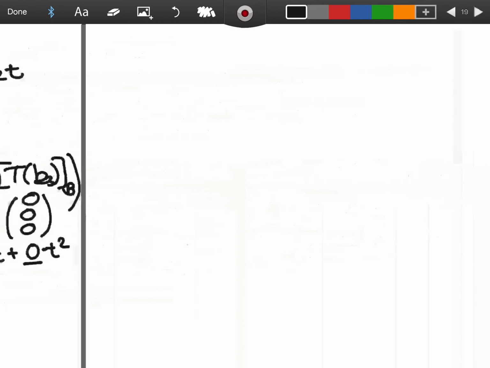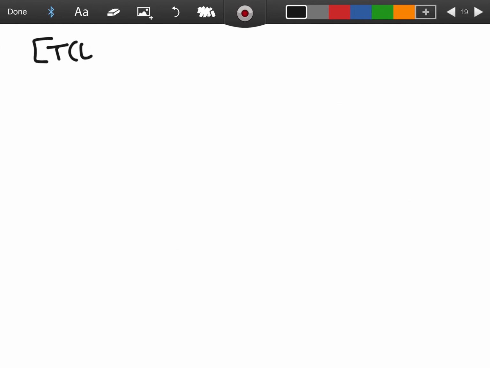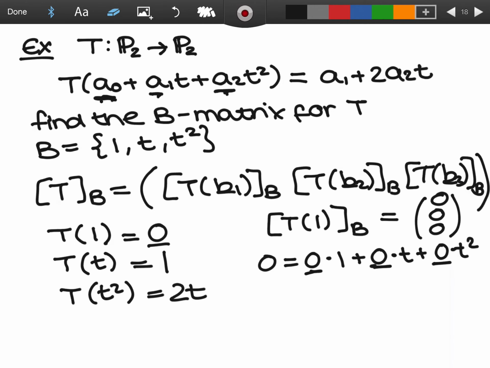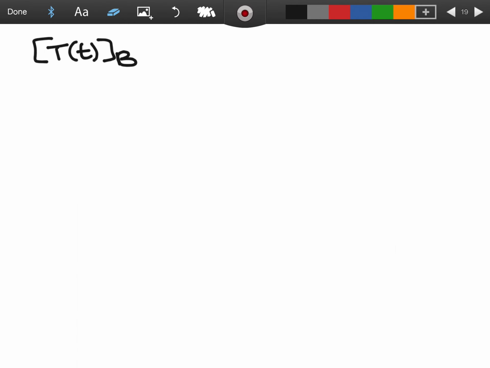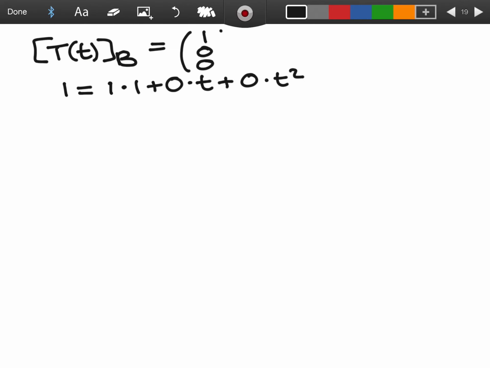Then let's move on to the coordinate vector for the image of t. Again, we know that T of t is just 1. So I need to write 1 in terms of 1, t, and t squared. Well, 1 is equal to 1 times 1 plus 0 times t plus 0 times t squared. So this vector is just going to be 1, 0, and 0.